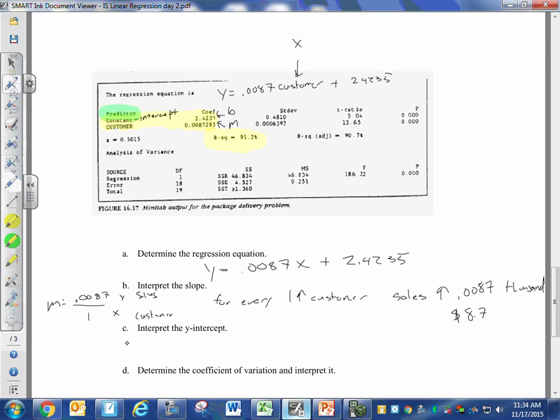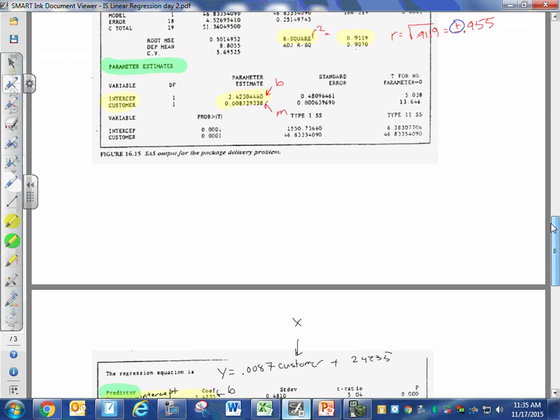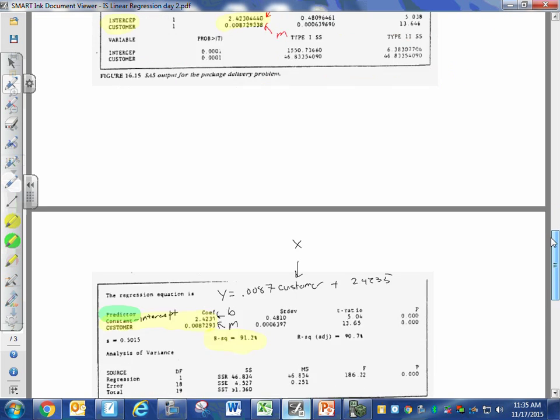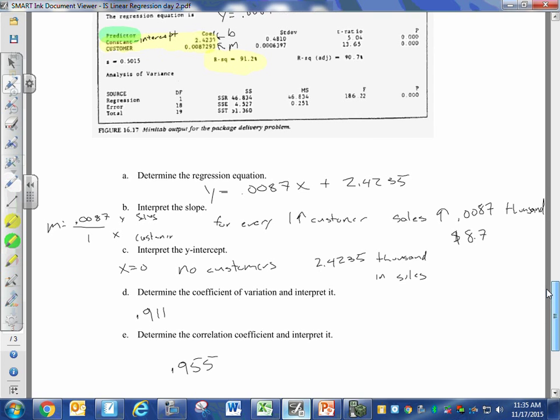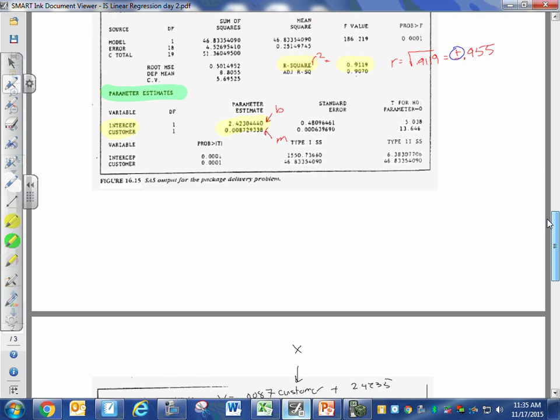Interpret the y-intercept. When x is 0, that's no customers. We'd have 2.4235 thousand in sales. Let's just finish up real quick. We already found the correlation coefficient. It was just the square root of our r squared, 0.955. And the variation was 0.9119.